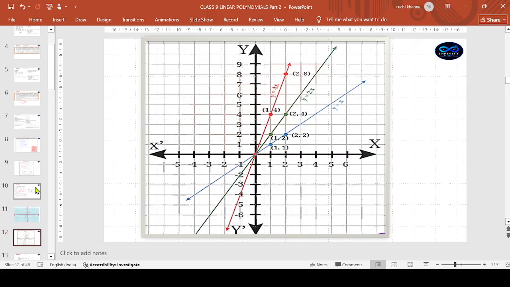So step 1 is how to calculate the point locations. Step 2 is how to plot the points and join them with 3 different colors and write their names. That's about all for your graphical representation. Easy, not a problem. You have done something very similar in the coordinate geometry chapter. Just an extension that three of them are together and you have to join the points. I hope that's absolutely clear.